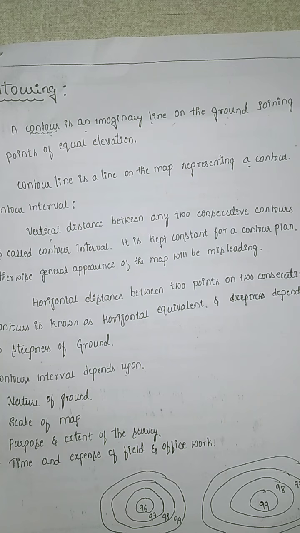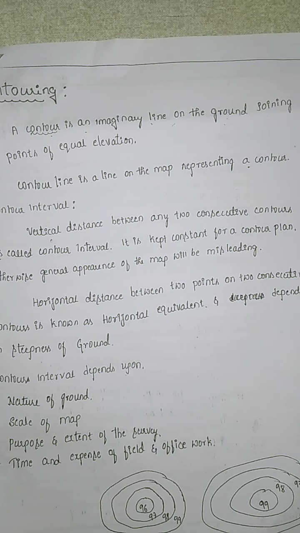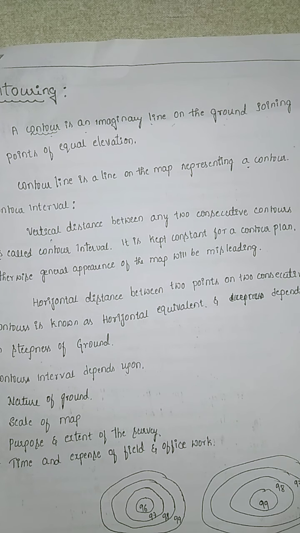The vertical distance between two consecutive contours is called the contour interval, as I have shown in the previous paper. The horizontal distance between two consecutive contours is known as the horizontal equivalent.